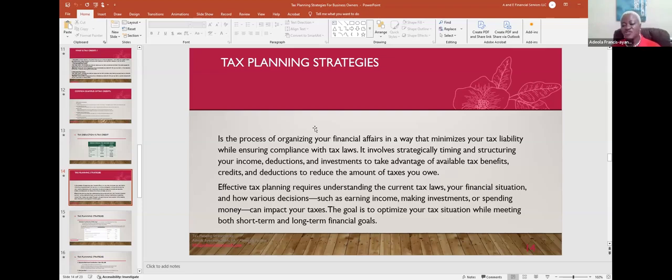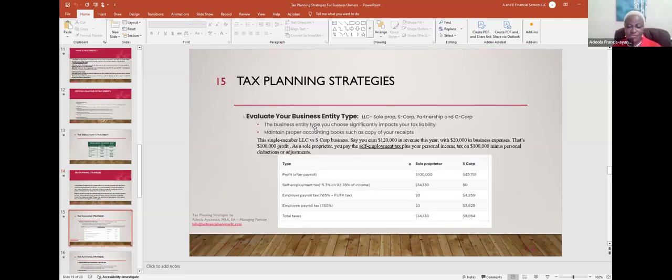It involves strategically planning and structuring your income, deductions, and investments to take advantage of tax benefits, credits, and deductions to reduce the amount that you owe. And Dr. Johnson just talked about real estate. I'm going to bring out that you can use real estate as a tax strategy to reduce your taxable income in the long run, right?